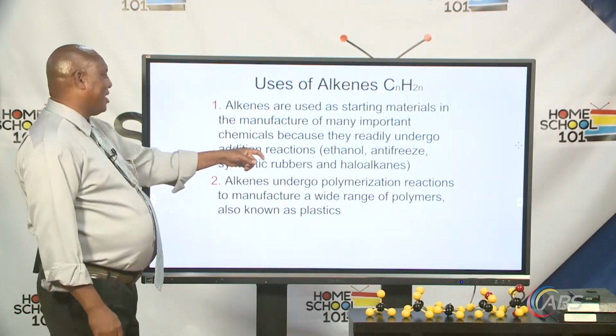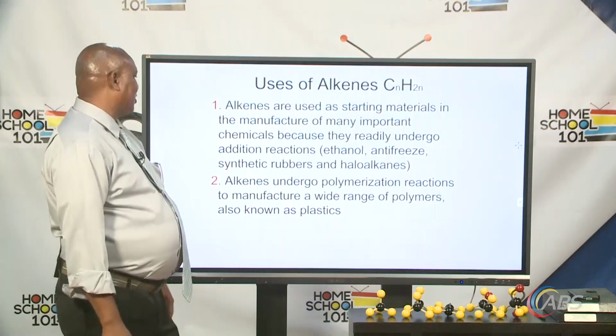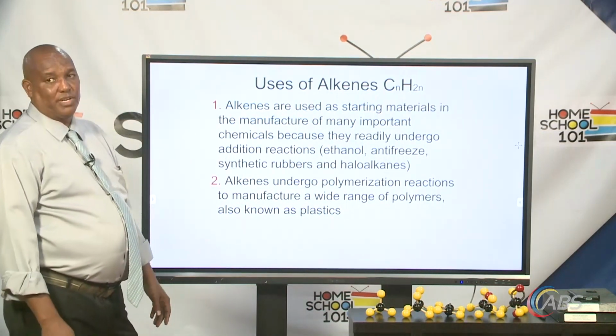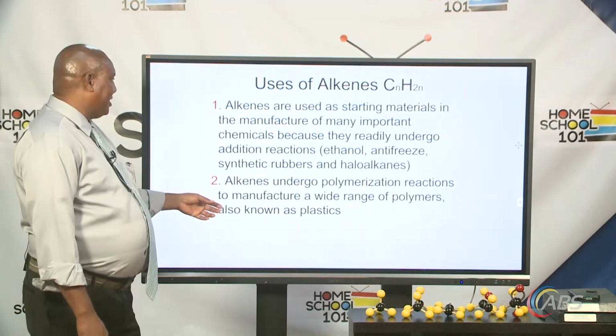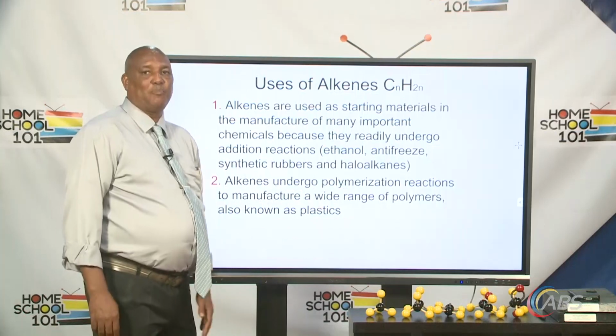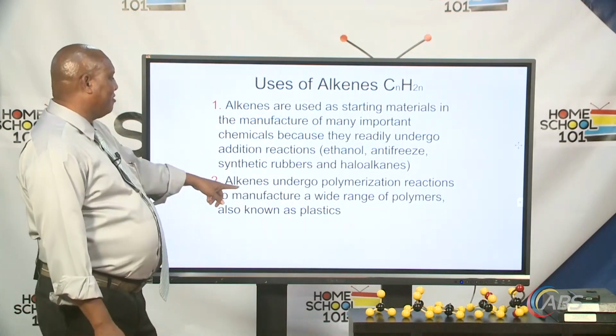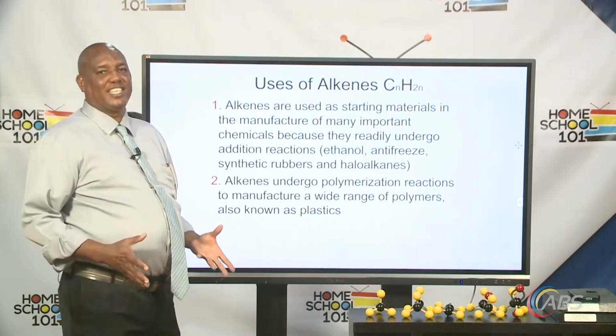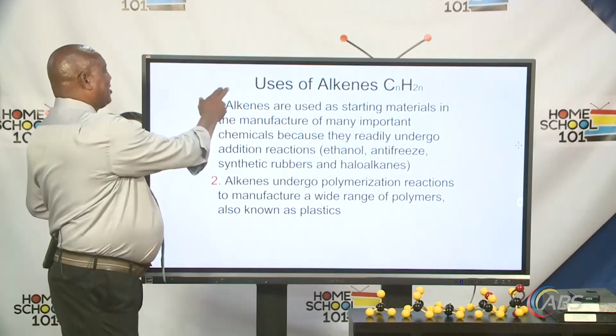They readily undergo addition reactions to produce things like ethanol, antifreeze, synthetic rubbers, haloalkanes, and so on. Alkenes also undergo polymerization, and we're going to talk about polymerization just now, to manufacture a wide range of polymers, and we call those polymers plastics. So we're going to talk about plastics as well just now.